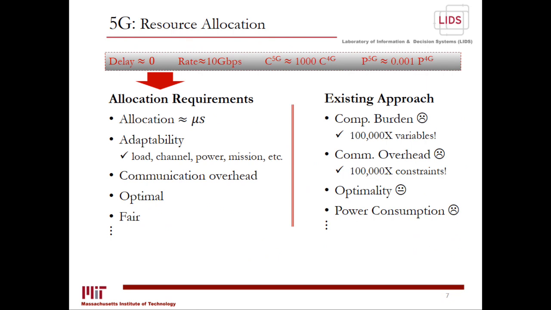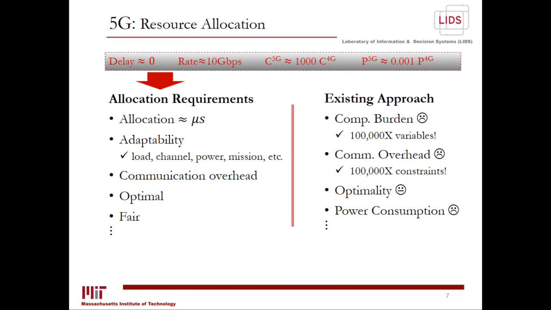All these requirements, if we want to satisfy them using the existing frameworks, this is not really possible, because the computational burden of the existing allocation and scheduling mechanisms in 4G networks is not so good. The communication overhead, as I mentioned, there is so much handshaking between the base station and devices, and the optimality is not so good.